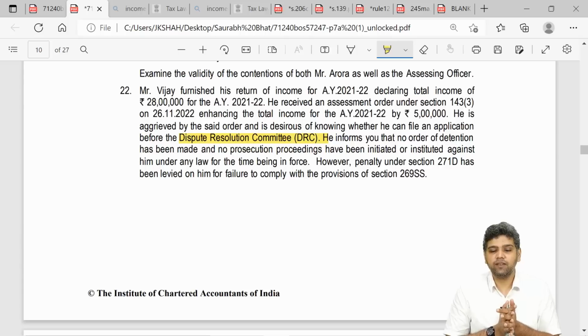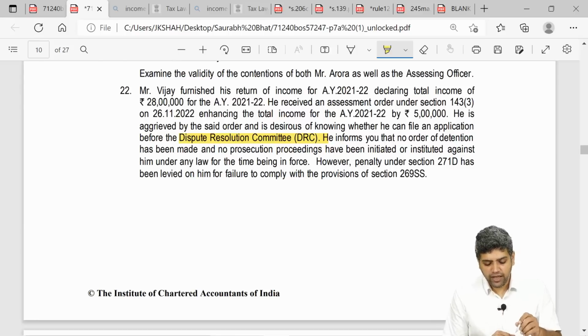But please understand, friends, in case the additions are made by the assessing officer pursuant to a search, or pursuant to any proceedings of smuggling, or any narcotics act has been invoked in your case, in such cases the assessee cannot approach the dispute resolution committee.